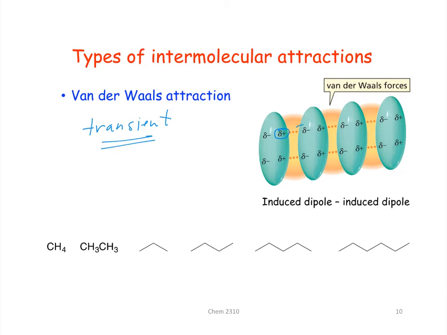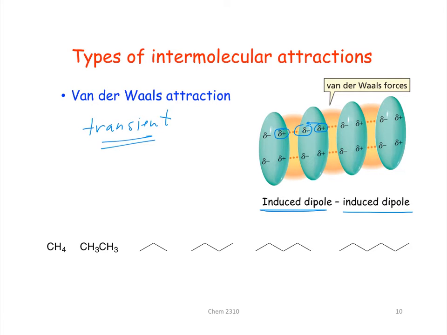It attracts the electrons to it, and we get a delta minus here, but those electrons went here, we have delta plus. And so these are what we call induced dipole interactions. So the dipoles are induced by kind of being pushed around in a very transient type of situation.